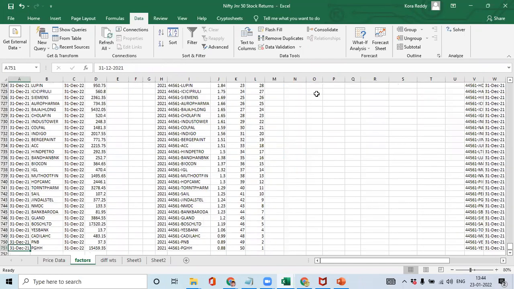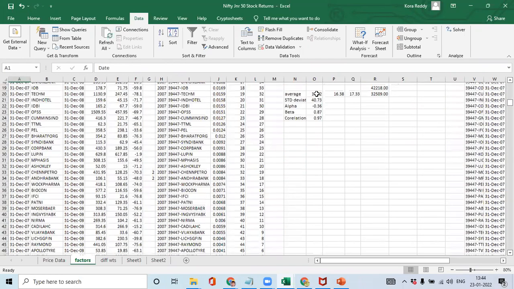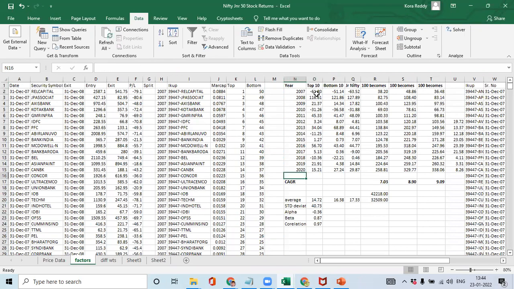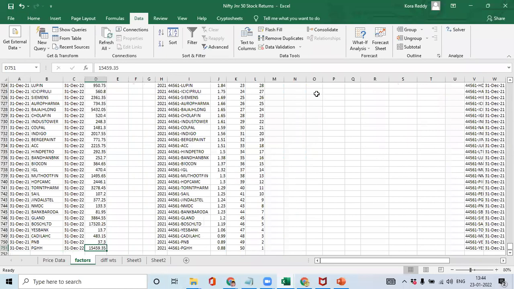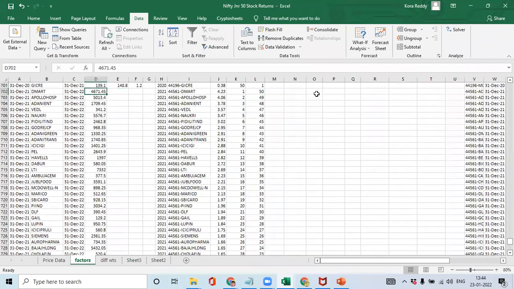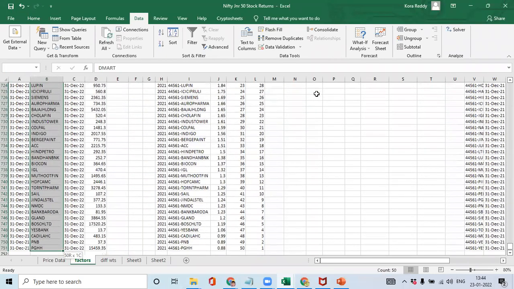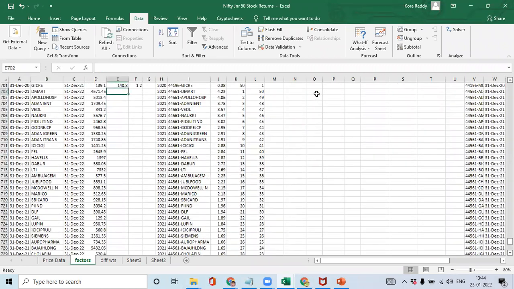Yeah, it is there. You just need to put 2021 and you need to put today's price of all these stocks. You just go to NSE, download and put it there. So you'll get the running story for 2021 or 2022.